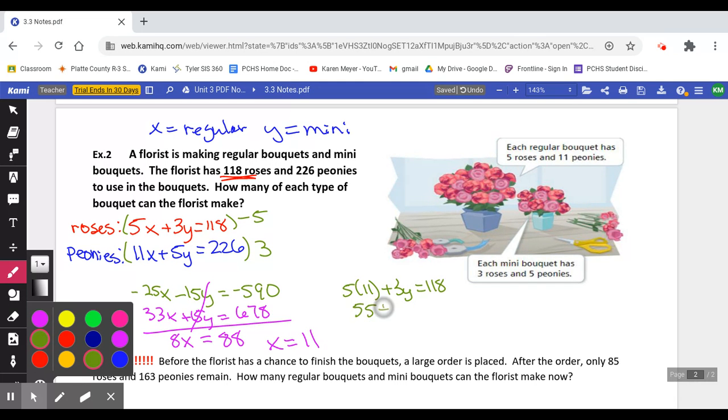So 55 plus 3y equals 118. Subtract 55 over, and you get 63. Divide by 3, and you get 21. So we're going to have 11 of the regular size, and we're going to have 21 of the mini size.